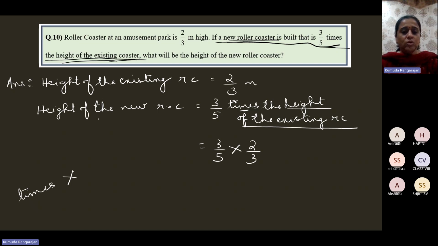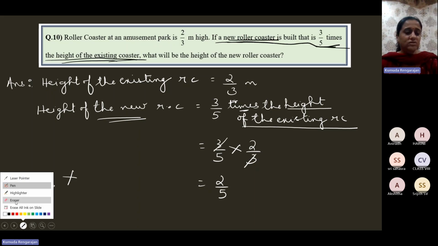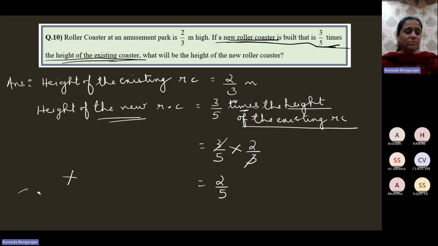The height of the new roller coaster is equal to 3 by 5 times the height of the existing one. So 3 by 5 into 2 by 3. 3 cancels, so 2 by 5. So the height of the new coaster is equal to 2 by 5 meters.